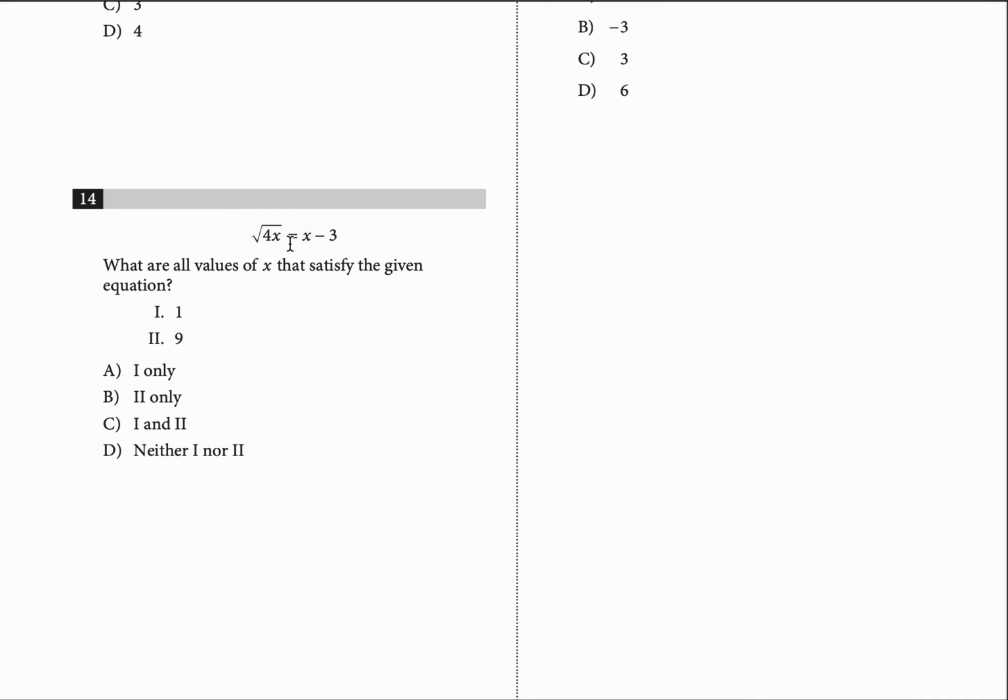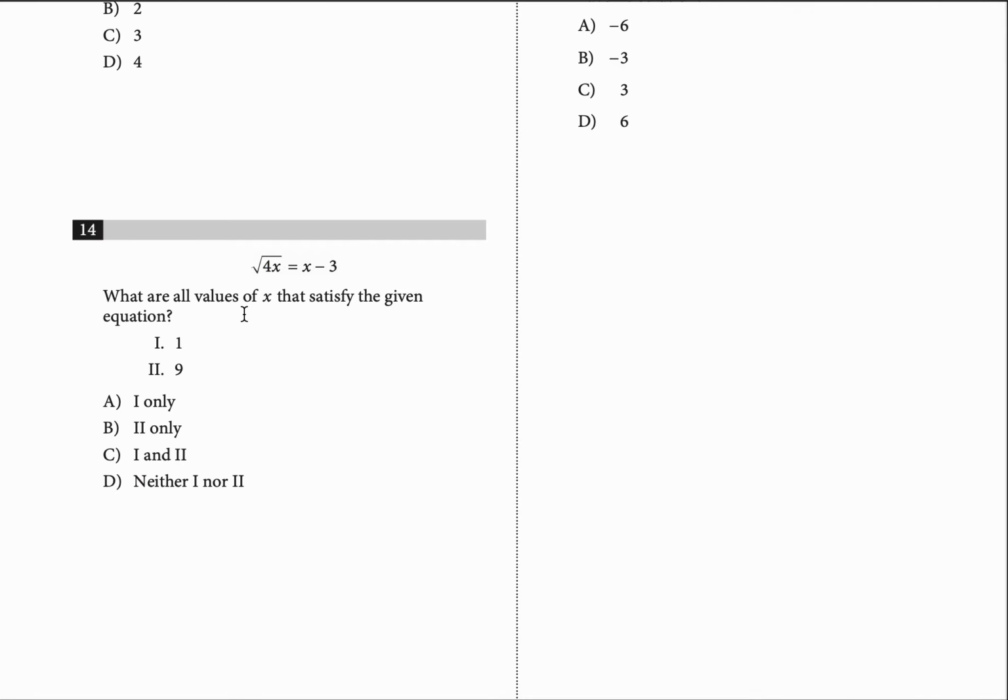This one, I think at some point I made a mistake on it. I think it was about the positive square root. So the square root here is the positive square root. Wait, but does that even make sense? Let's actually look at what this is. What are all values of x that satisfy?